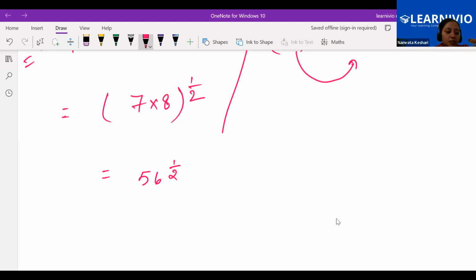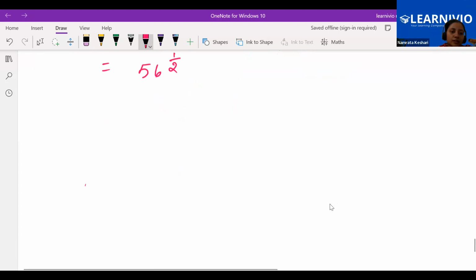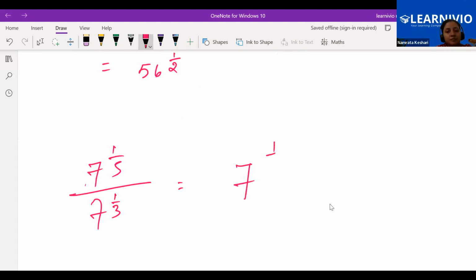Today you will be able to give the assessment of laws of exponent, application of. Now tell me what to do over here. 7 to the power 1 by 5 divided by 7 to the power 1 by 3 will be 7 to the power 1 by 5 minus 1 by 3.